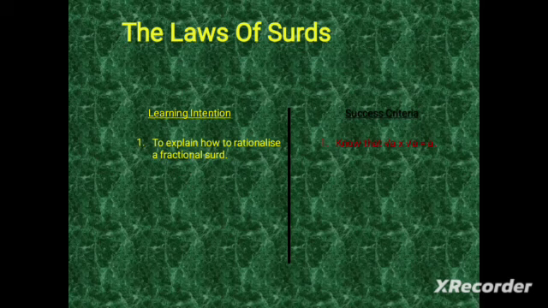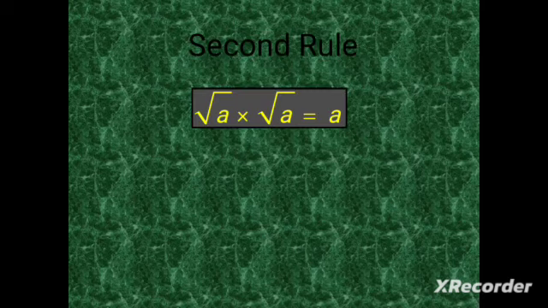That is what will form the basis of our second law of surds. Now we will be able to rationalize the numerator or denominator of a fractional surd. The second rule: square root of a times square root of a, you'll get a.